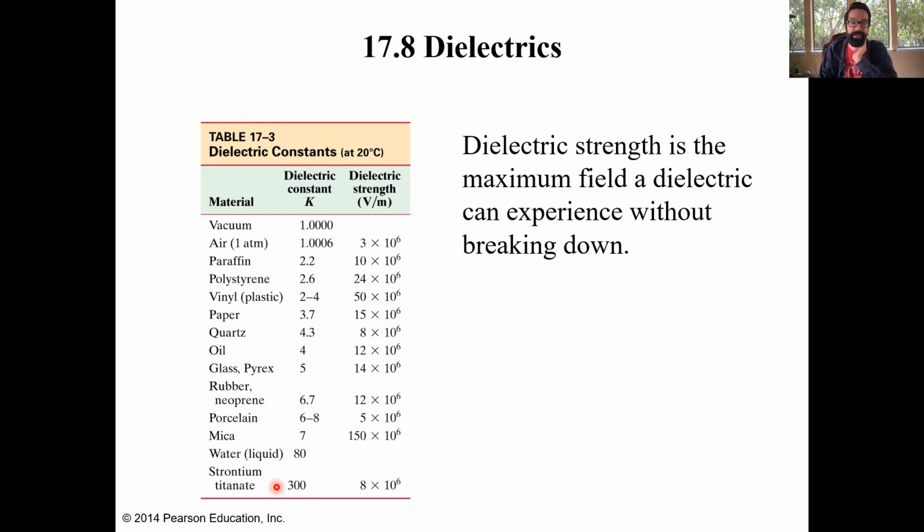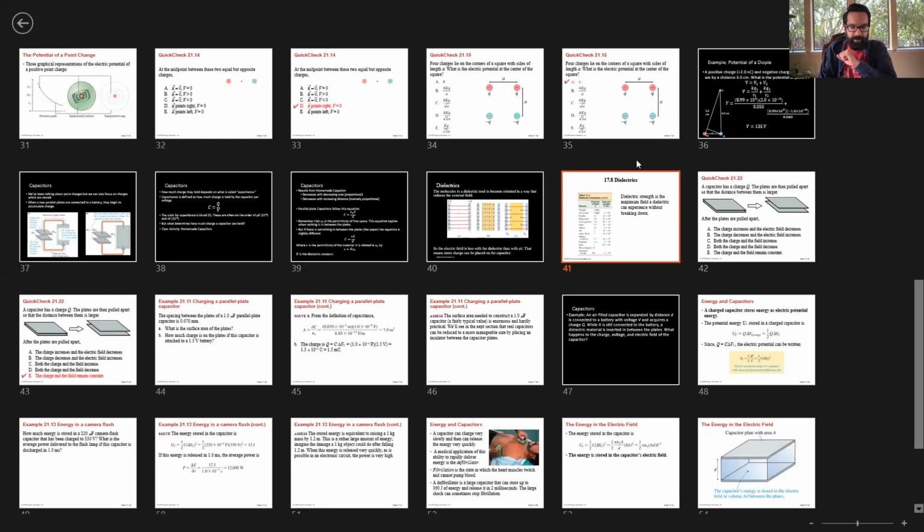What are these other materials that could really give us a strong capacitance? All right, so just want to show you a couple of numbers here. Okay, so we did that one.